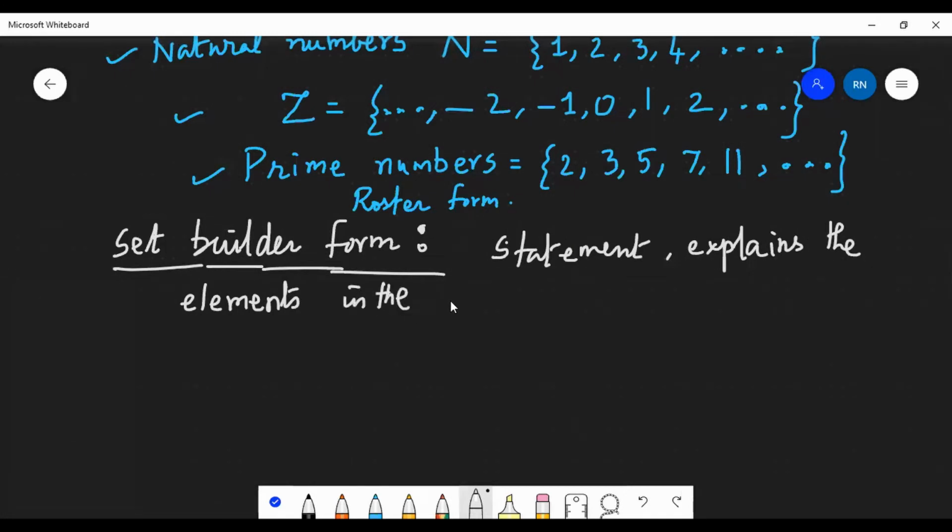So it is an English statement, but you don't write it as a sentence. It is written in a special form. For example, I want to write the set of alphabets in English.